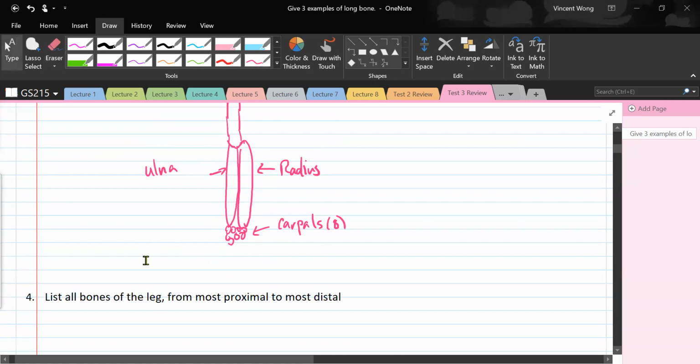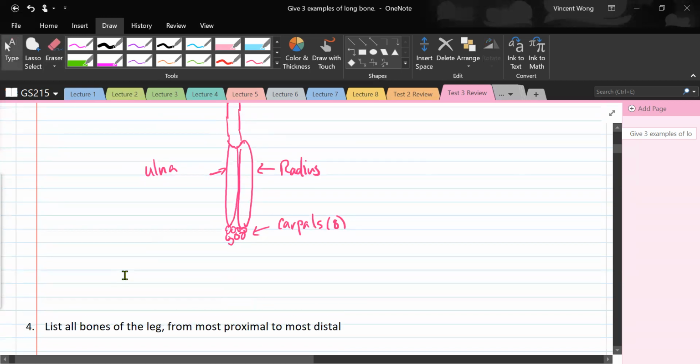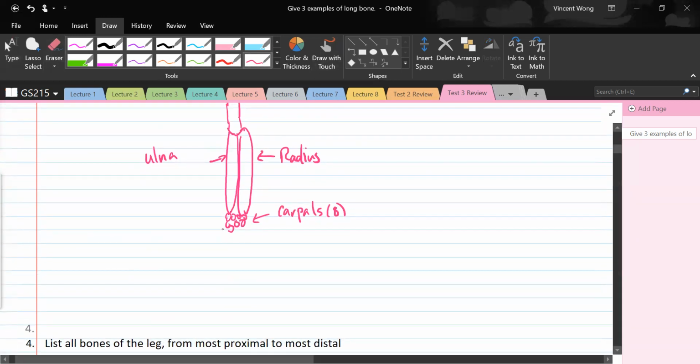And then distal to the carpals, we're going to have the metacarpals. And then you have your finger bones, which would be the phalanges.